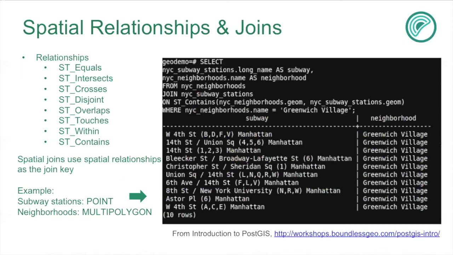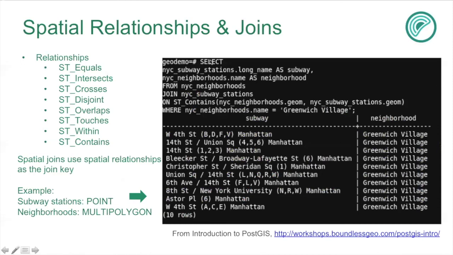And in this example, we have two kinds of geometric objects. We have subway stations in New York, which are points, lat longs on a map, if you will. And the neighborhoods are polygons. And the query that we're trying to do here is to identify all of the subway stations in a particular neighborhood, in this case, Greenwich Village.